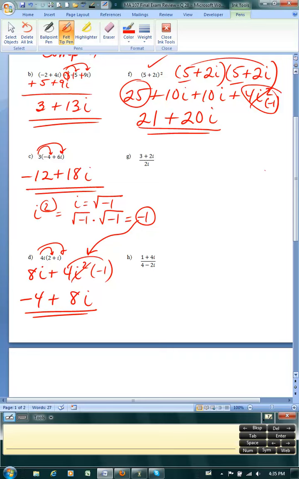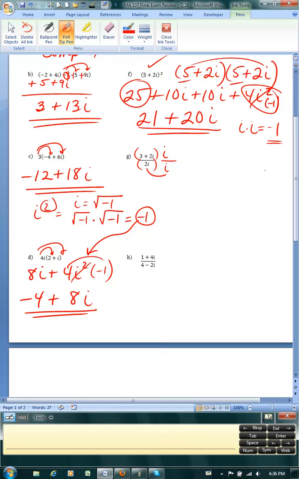Well, knowing that i times i makes negative 1, if we multiply the top and the bottom by i, if there's an i in the denominator spot, then we will create a negative 1 in the denominator position. So here, what I'm saying is it's legal to multiply the denominator and the numerator by the letter i.